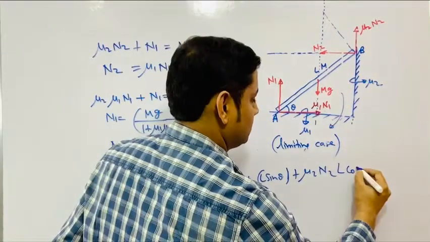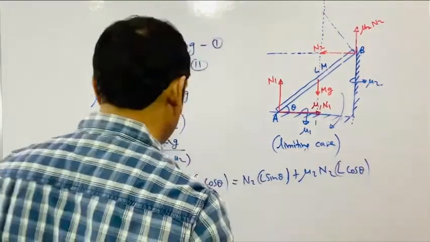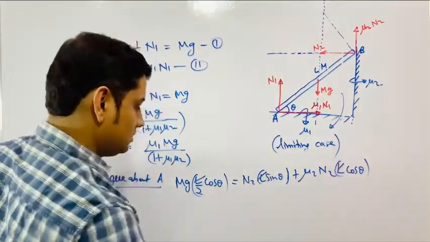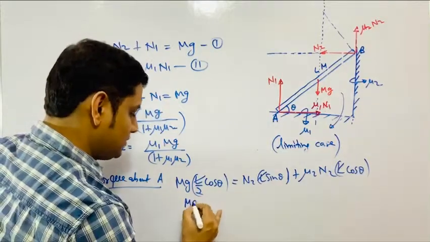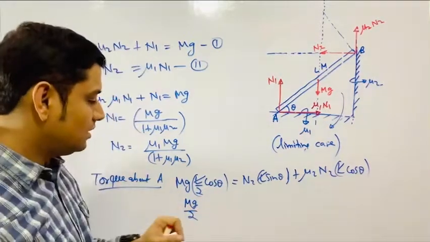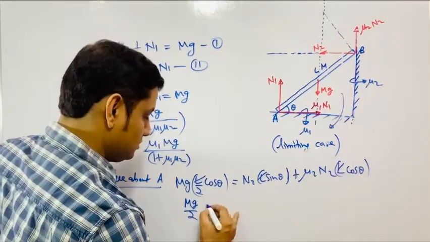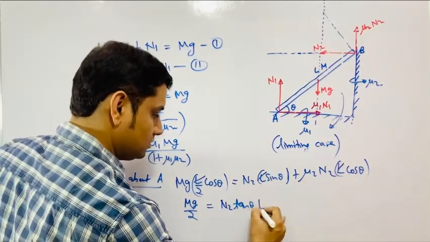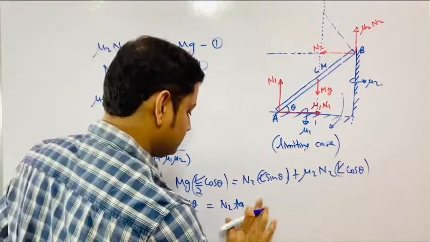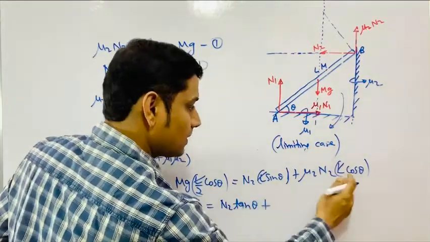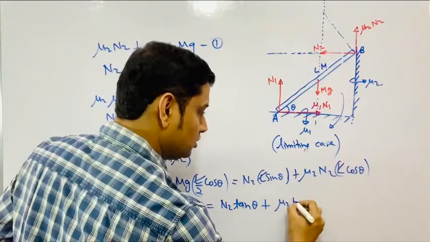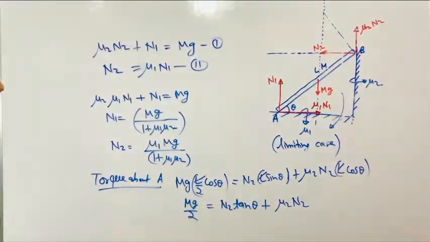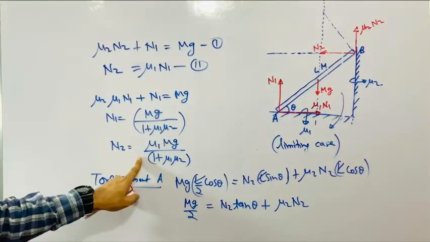This distance is L cos theta. So L is cancelled. mg by 2, divide by cos theta, equals N2 tan theta plus mu2 N2. Okay, so N2 I can place from here.